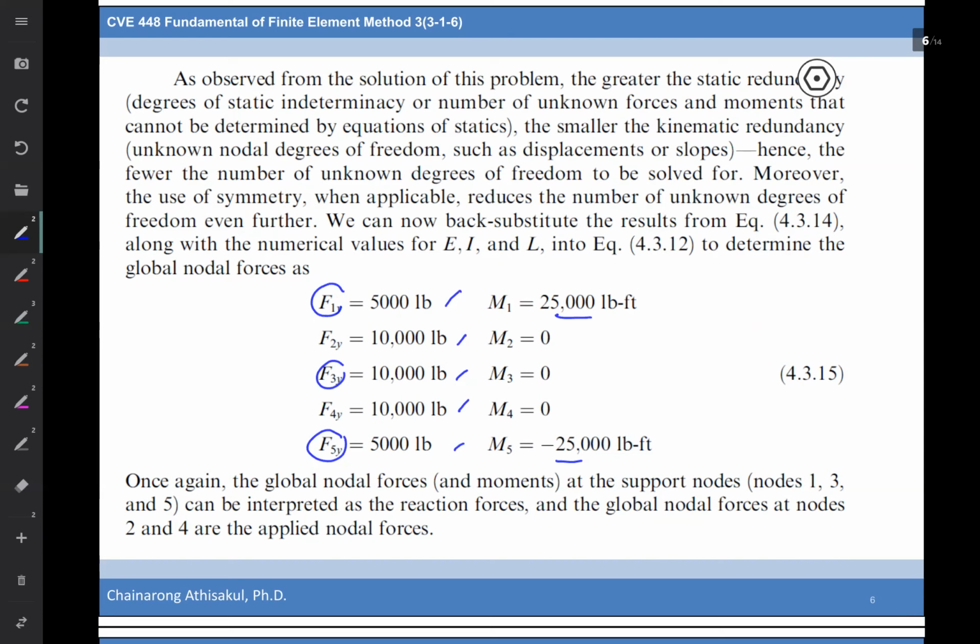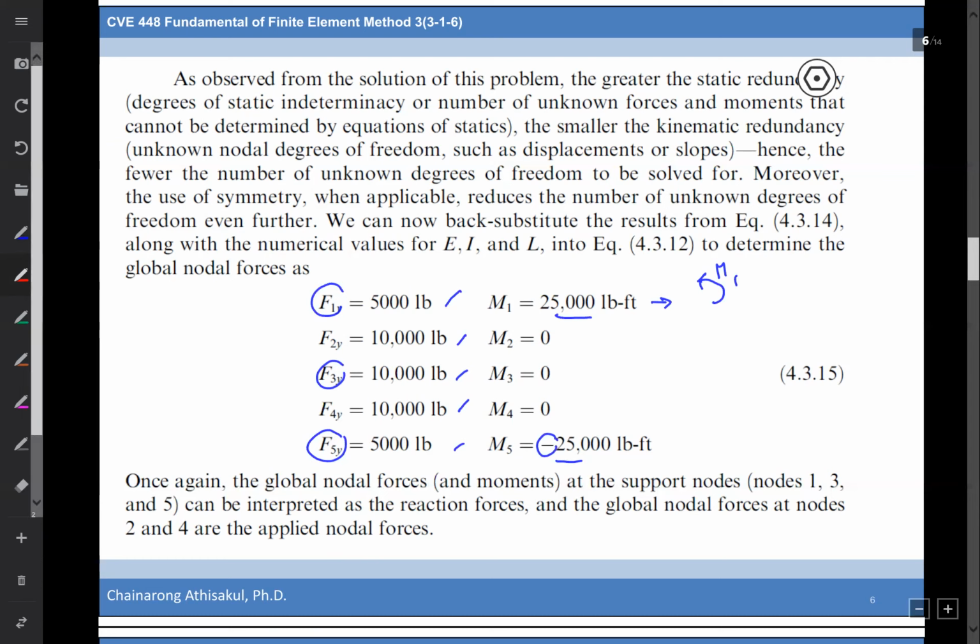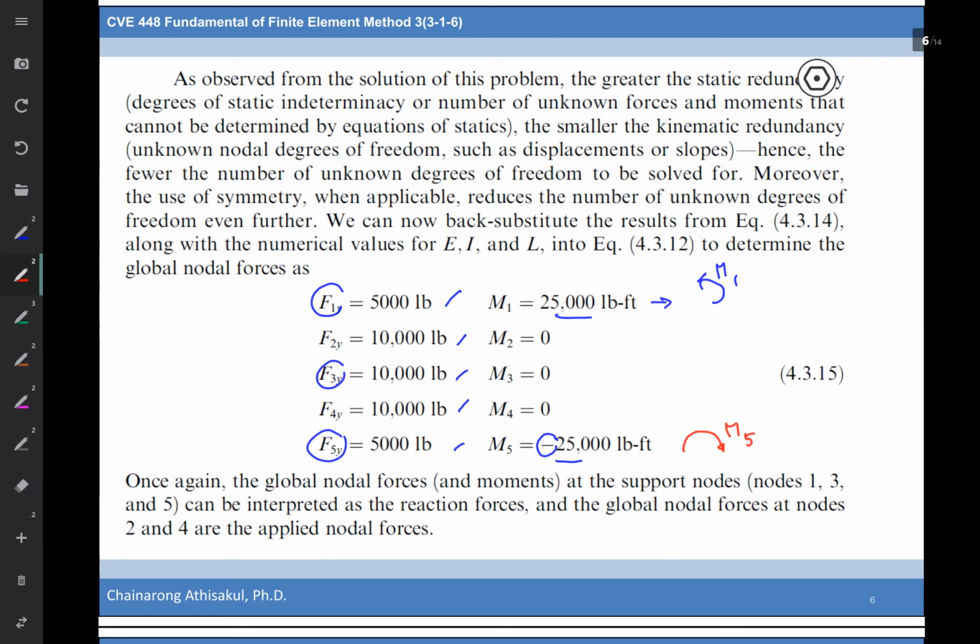As we have to consider that it should follow the positive sign convention, right? The positive sign means that M1 is in this direction. That is a positive sign, but this is a negative sign. Negative sign means that the moment at node number 5, this is M5, should be in this direction, opposite to the positive sign convention.